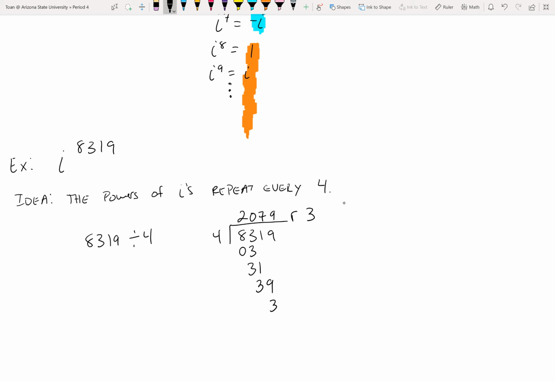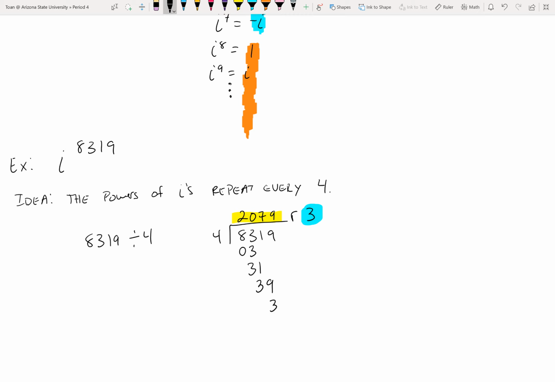Right. So all of this work tells us in the exponent of 8,319, we have 2,079 groups of duplicates. Those are the ones we can throw away because they're duplicates. I am interested in the remainder.